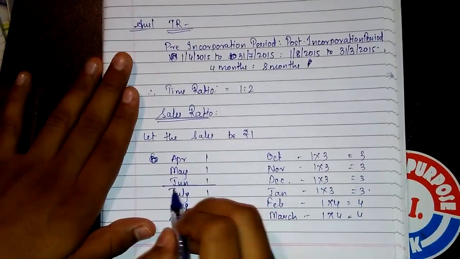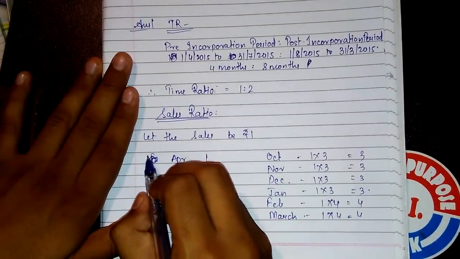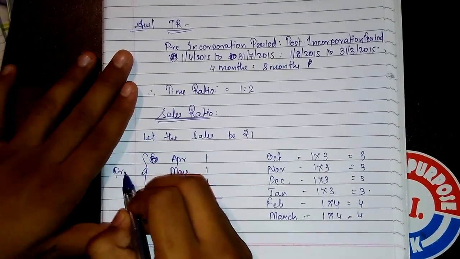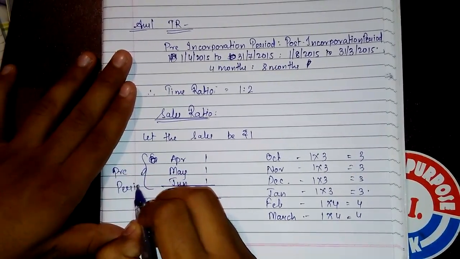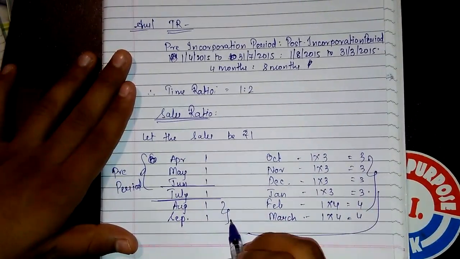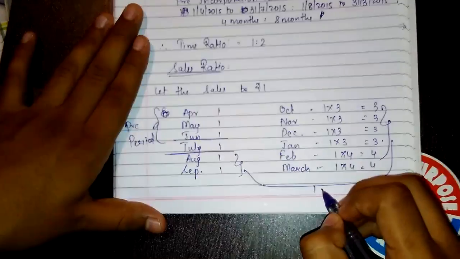Now, as per the time ratio, what is the time ratio? From April to July it is the pre period, and the remaining months are the post period.